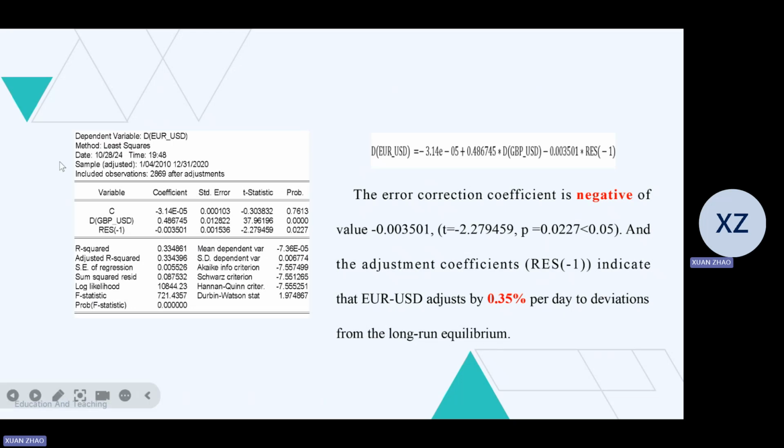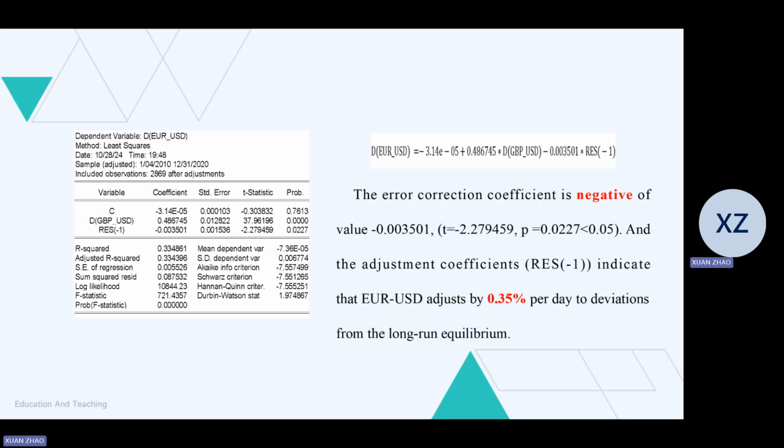We can also see that the coefficient of the difference of GBP USD is 0.4867, which is significant, with a probability of 0.